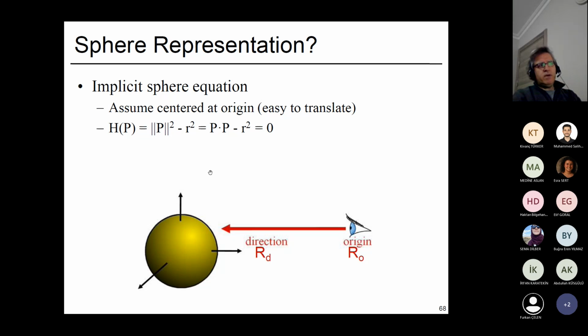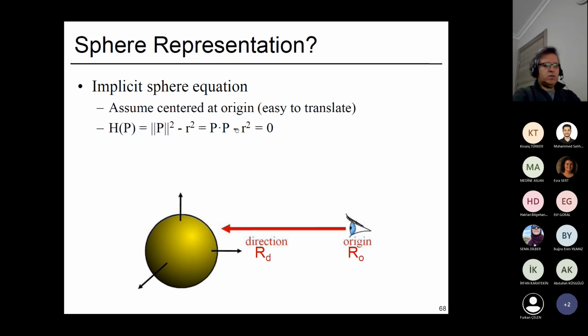A sphere is actually represented by simply an equation where each point on the sphere should be at equal distance to the center of the sphere.